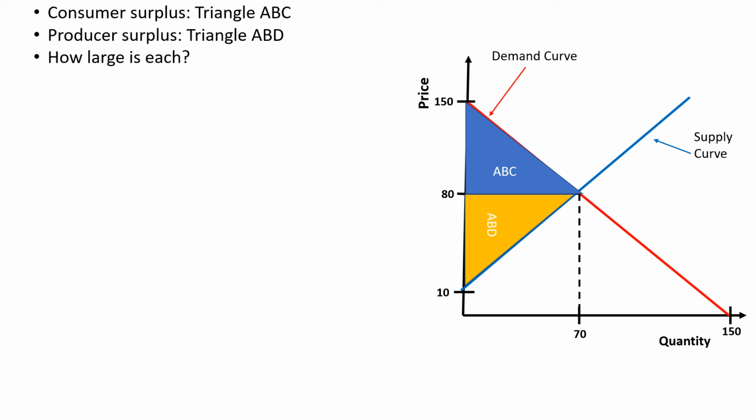In terms of how the consumer surplus or the producer surplus are calculated, since they are represented by triangles, we calculate them using the formula for the area of a triangle, which is half base times height.